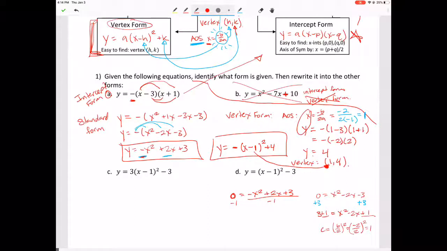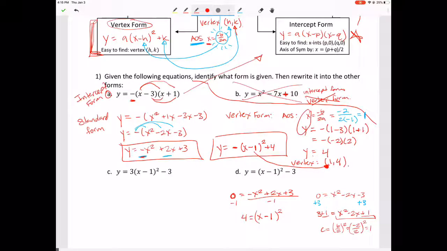Okay, and then we can simplify, that gives us 4 equals, and now that it's a perfect square, we can write it as a binomial squared. So it's always going to be x, and then what we put in this parenthesis is going to be b divided by 2. So b divided by 2 is negative 2 divided by 2 is negative 1.